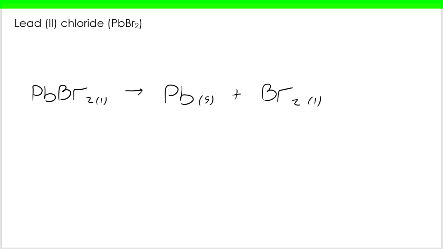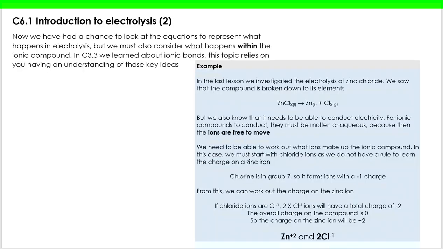Now we're still building up to an understanding of electrolysis, but let's take a look at what we have here, because to make my zinc and chlorine, going back to that first example, I am going to need to break down an ionic compound. And as I've already touched on earlier in the video, zinc chloride is made of zinc ions and chloride ions.